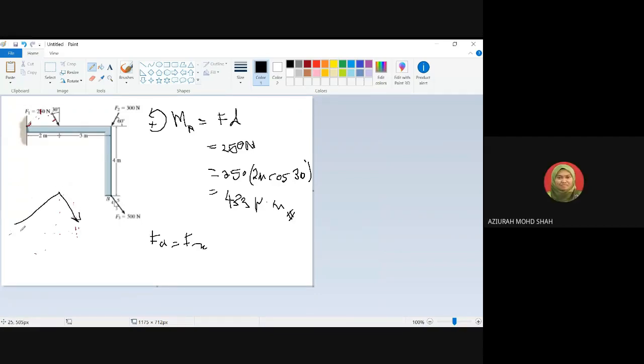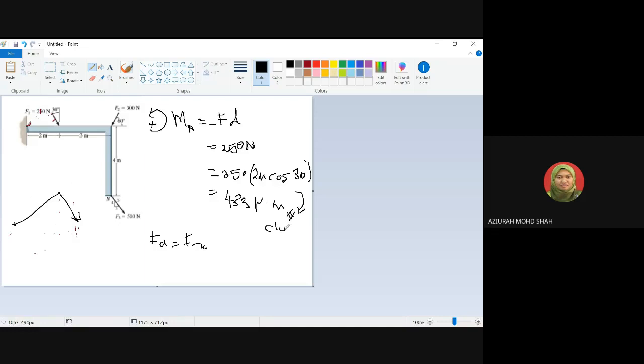Clockwise. Good, clockwise. So when clockwise, we put negative here. So our assumption is not accurate, so we reverse it. So this 433 Newton meter, you have to put its indicator, the sense of rotation, which becomes clockwise.